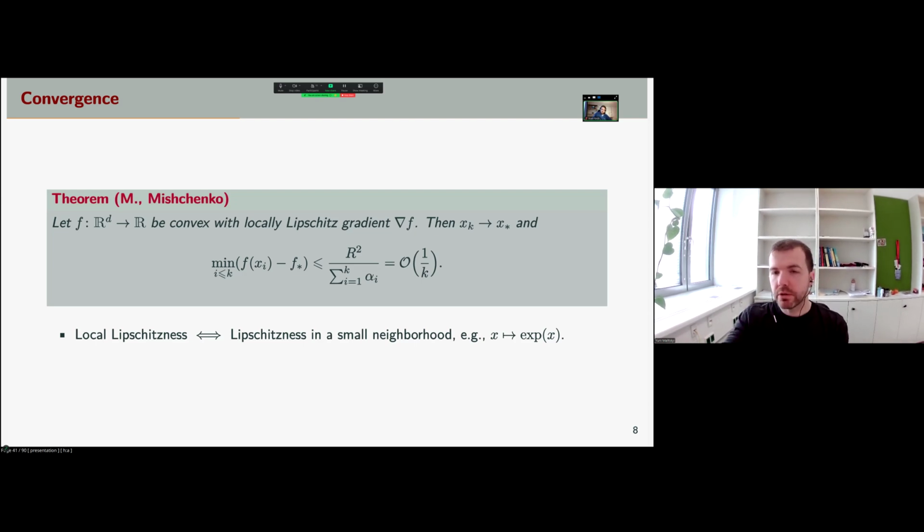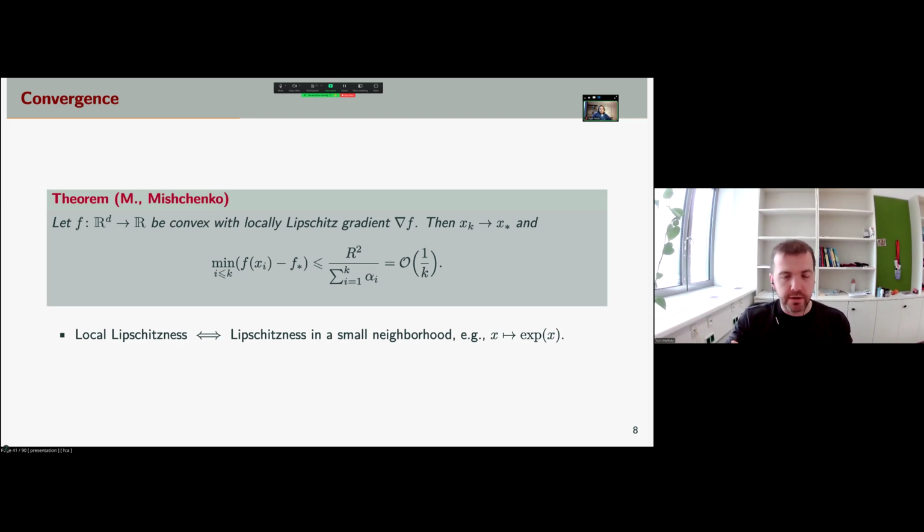The reason why we have the 1/k rate is that there is some constant in the numerator, and there is a sum of step sizes. And we show the step sizes are separated from 0. There are k of the step sizes, so that's why you have k, basically. But the interesting part in this statement is the sum of step sizes in the denominator, because at least intuitively, we hope that the function has some curvature, we will explore this, and we will use this information during convergence.